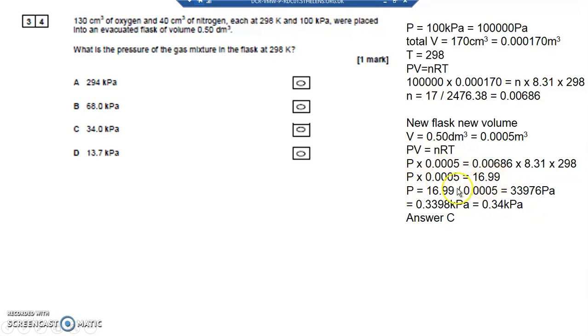Pressure is 16.99 divided by 0.0005, which is 33,976 pascals. All of these options are in kilopascals, so to get pascals up into the larger unit of kilopascals, I divide by 1,000: 33.976 kilopascals. The closest one to that is 34 kilopascals, two significant figures. My answer is C.